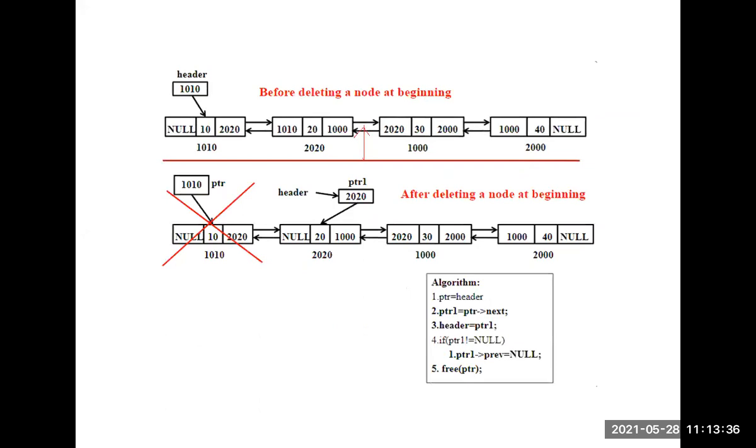Next, delete a node at front end. In a doubly linked list, if you want to delete the front node, the next node address is stored here.